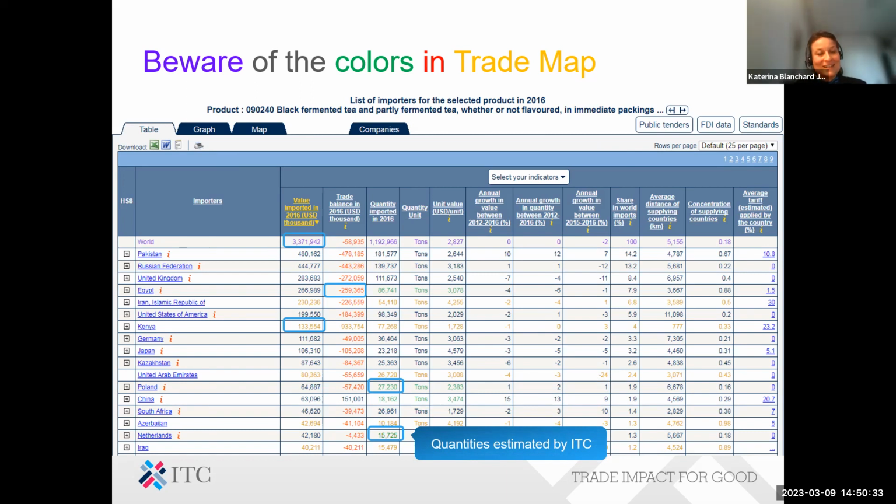But the good news is that if you put the cursor on a color, the system will tell you what is behind. We also use the eye icon for metadata. So anytime you see the eye icon, you can click on it and you will receive more information, for example, on these indicators.